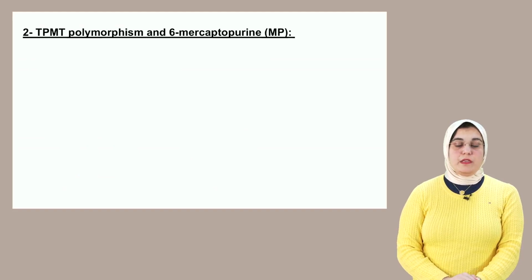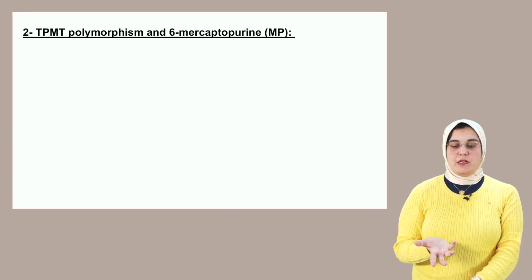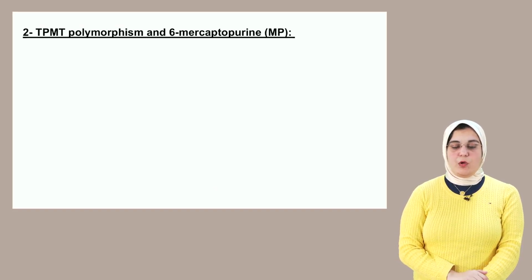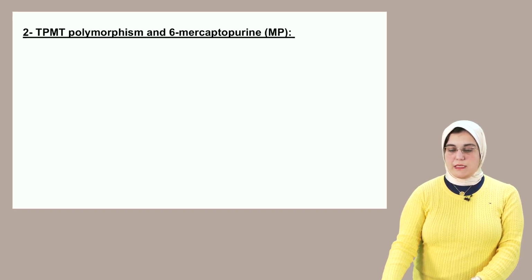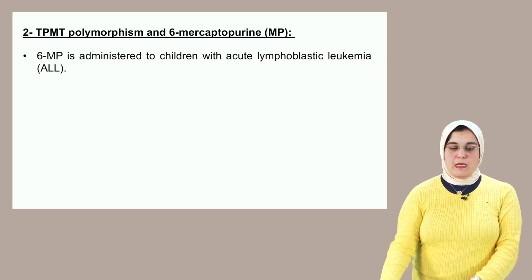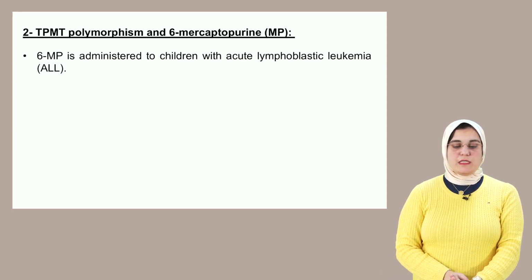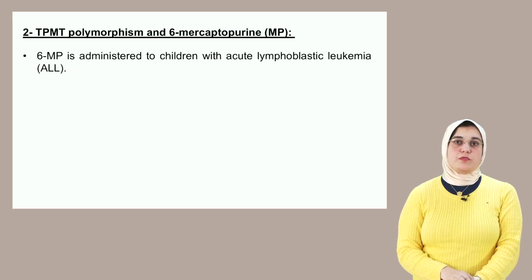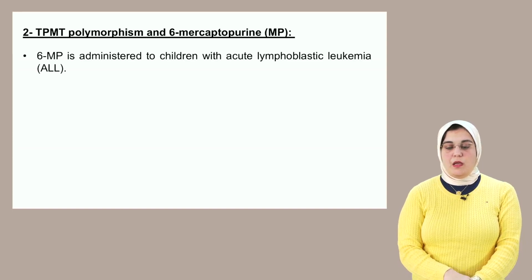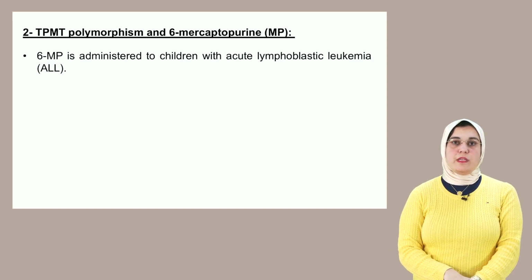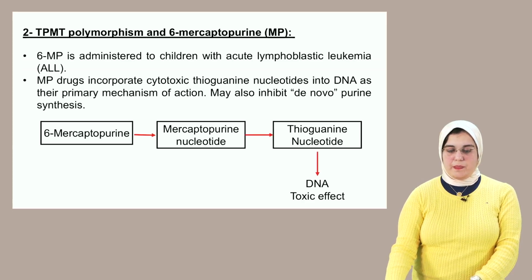Another example is also a change in the polymorphism of an enzyme called TPMT with a drug called 6-mercaptopurine. 6-mercaptopurine or 6-MP is a drug used as a chemotherapeutic agent. It means a drug used for treatment of cancer, such as acute lymphoblastic leukemia, a kind of blood cancer in children.